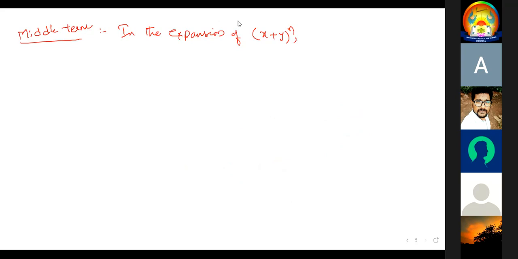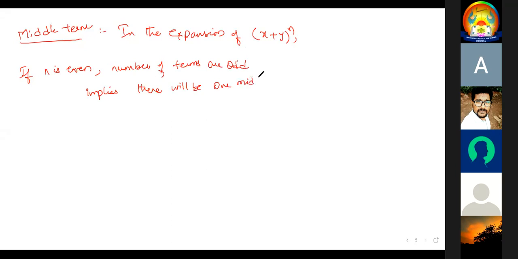See, in the expansion of (x plus y) whole power n, if n is even, number of terms are odd, which implies there will be one middle term.